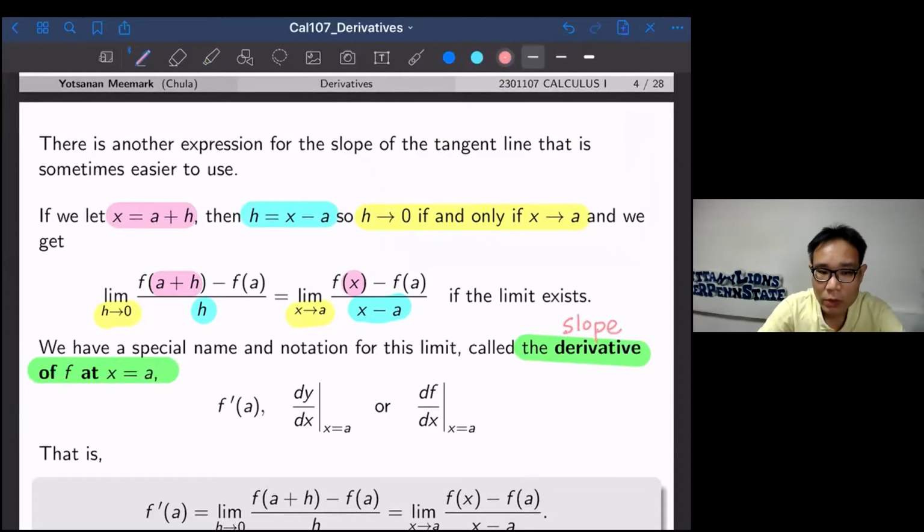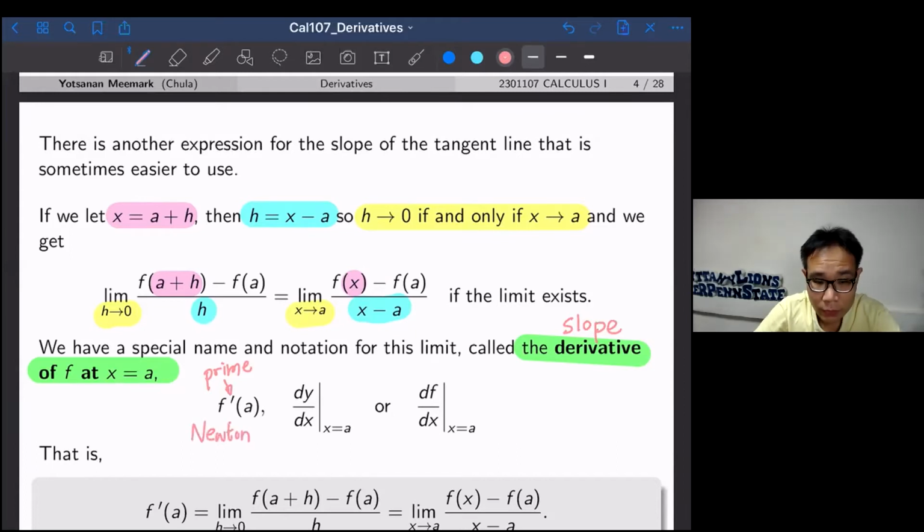The derivative and the slope are the same thing. It's the slope of f at x equal to a, or the derivative of f at a, and we write f prime of a. The notation here is called prime. So f prime of a is the Newton notation.